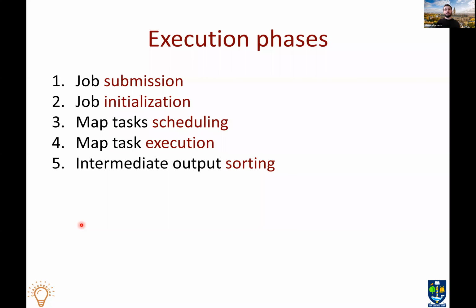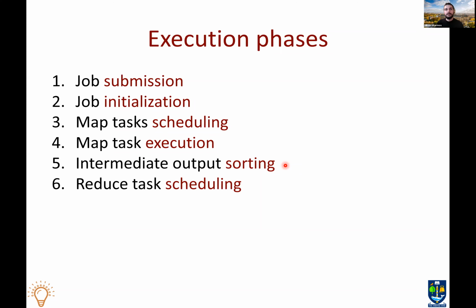The most efficient way to facilitate this is to sort the output by that key, because then I can go through my output in key order and merge it across my mappers. We will see how it happens. It's not exactly like that, but we will see. So for the time being, keep this in mind, that the intermediate output is sorted and stored on the local disk of the mappers.